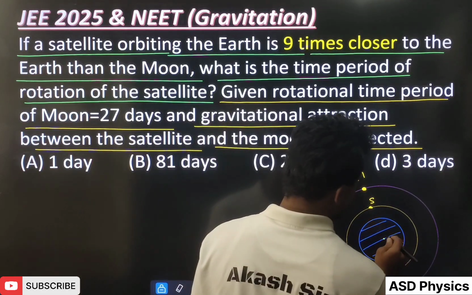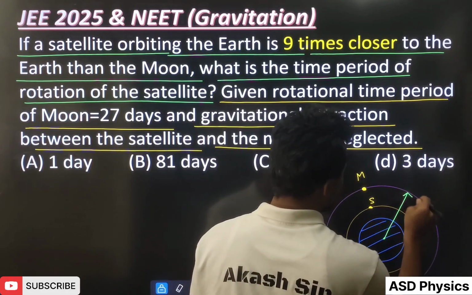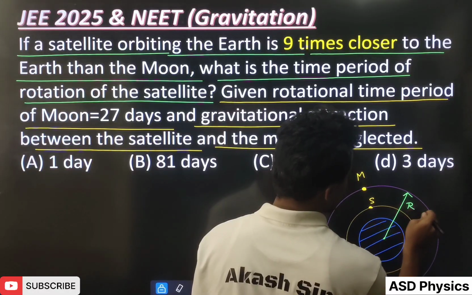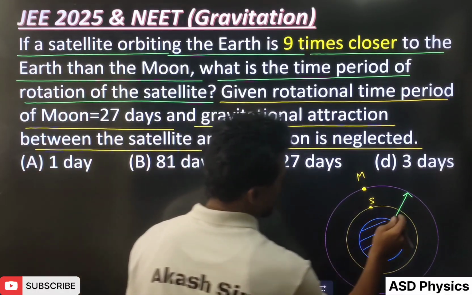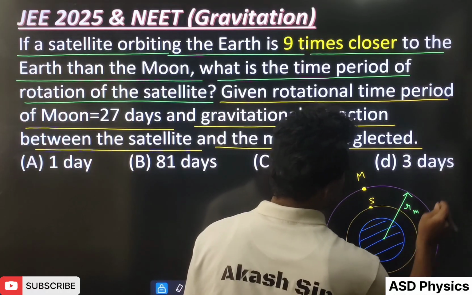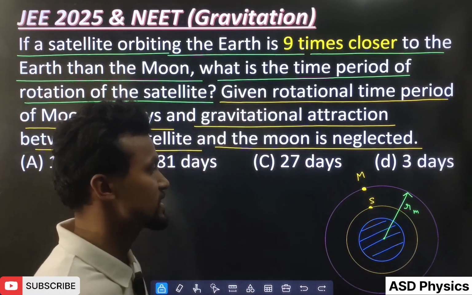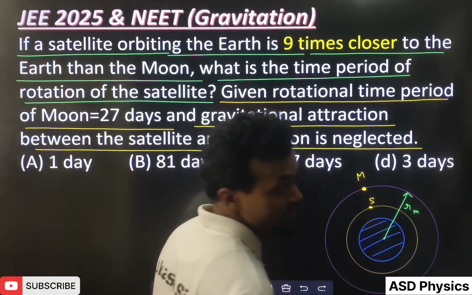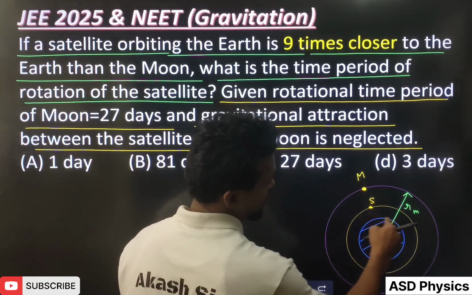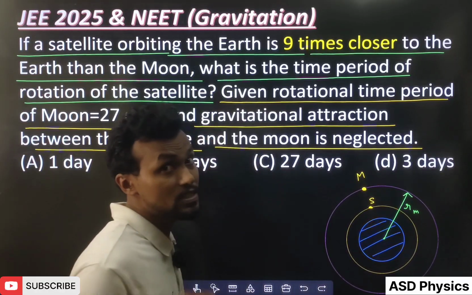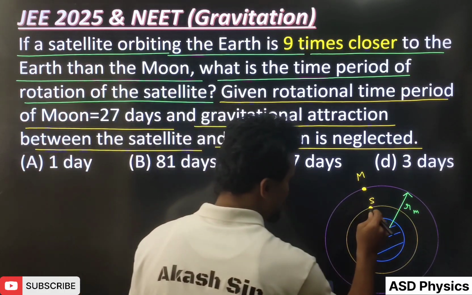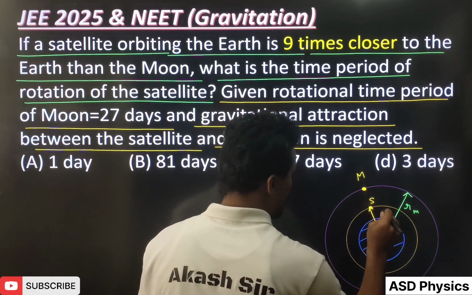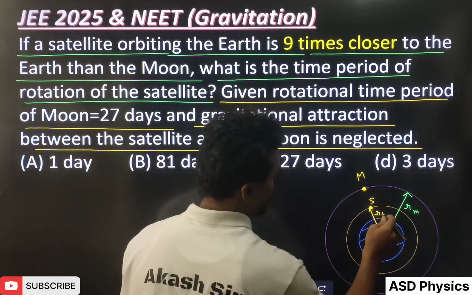So let's take, for the Moon, the orbital radius as R, or instead of capital R I will write the smaller one, RM for the Moon. All the distances are measured from the center of the Earth. This is the Earth, that's why I have drawn it with the blue color. After that, for the satellite, the radius is RS.